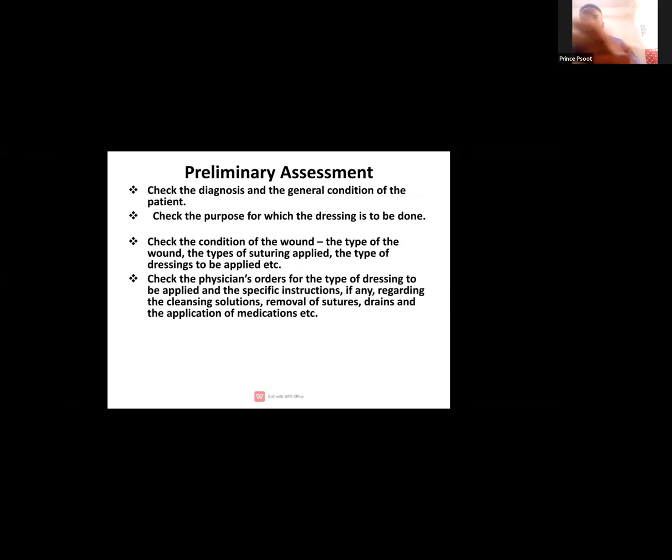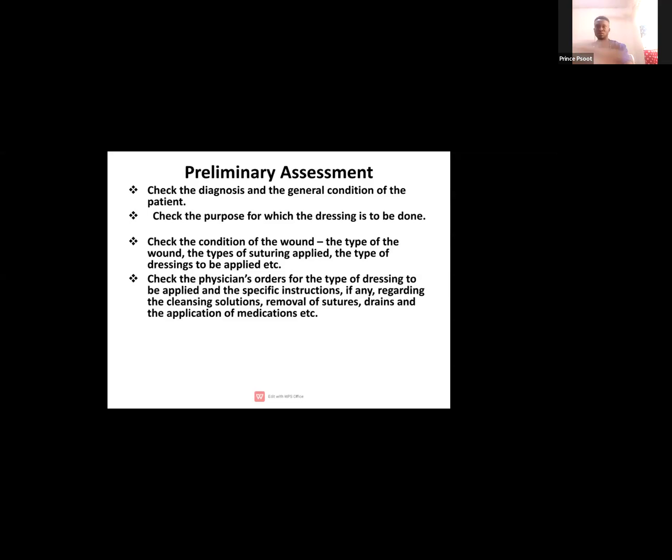So let's look at the preliminary assessment. Now, you check the diagnosis and the general condition of the patient before beginning a wound dressing. A patient you want to dress, you don't know what's up about the patient's dressing.